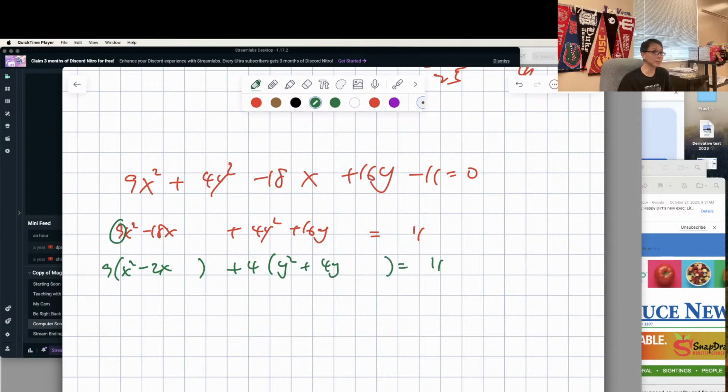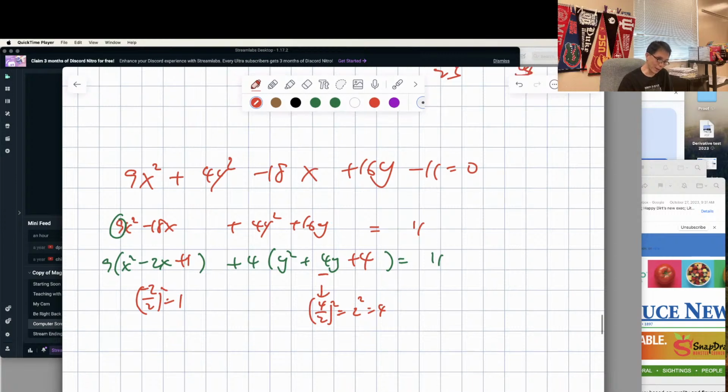Are you following me? I think so. Same thing, you divide by 2 and square. So that's 1, so it's plus 1. And same thing, this 4 divided by 2 squared is 2 squared, that's equal to 4. So it's plus 4 here.